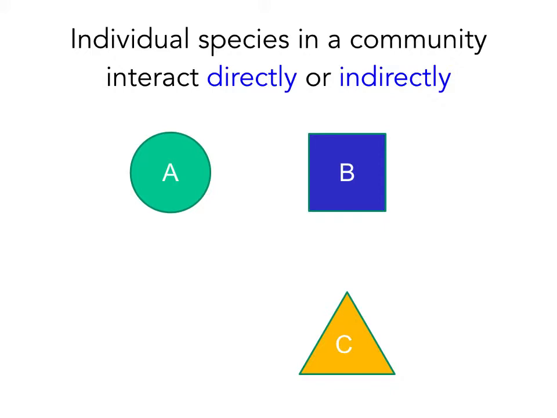As an example, let's take a look at a simple three-species community. Illustrated on the slide are three different shapes with different colors and different letters in them. Imagine each of those different shapes a different species, labeled A, B, and C, and that they interact with one another.